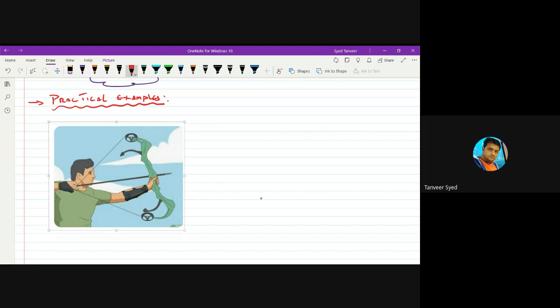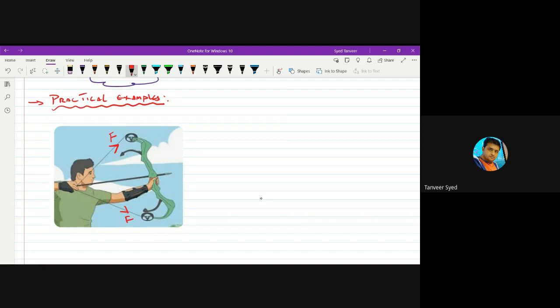And if you take this part of the string, tension will be developed in this string in this direction. Tension is a force, I'll call it force F. So force is developed in this part of the string in this direction, and in the other part of the string, the same force is developed in this direction.